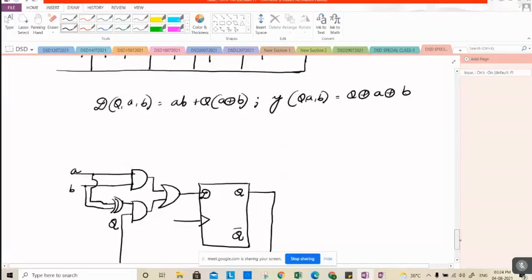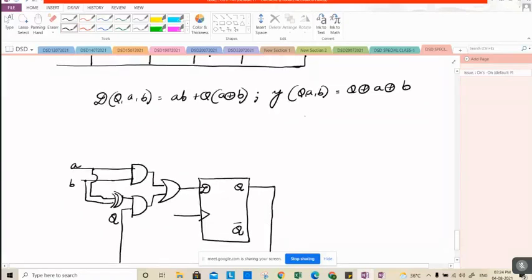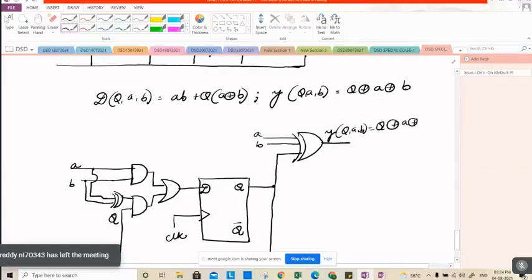Now what about Y? Q XOR A XOR B. Right, this is Q XOR with A XOR with B. So this is Y.